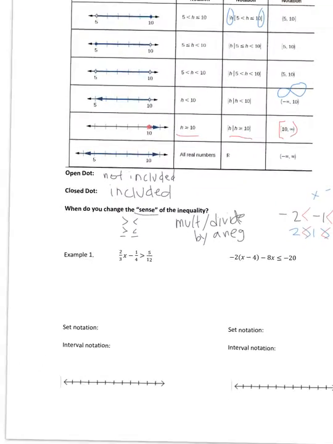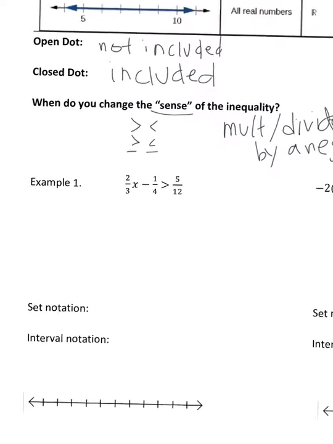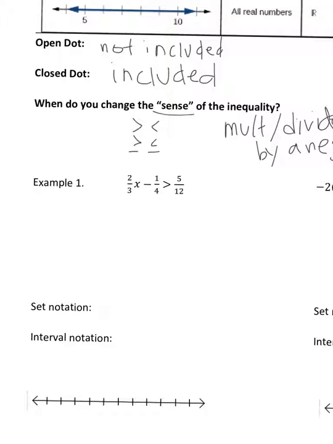Solving inequalities works just the same way as solving an equation, except you have to be careful about changing the sense of the inequality, and you can put your answers in set notation, interval notation, and there's a graph to it. In this case, I'm going to look at all these fractions, and I'm going to multiply both sides by the least common multiple of the denominators in order to clear fractions.